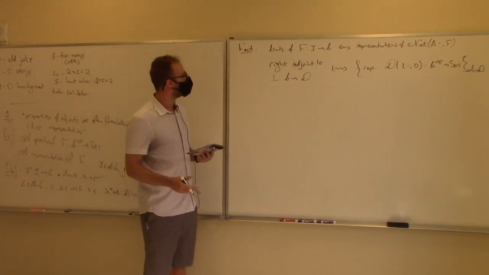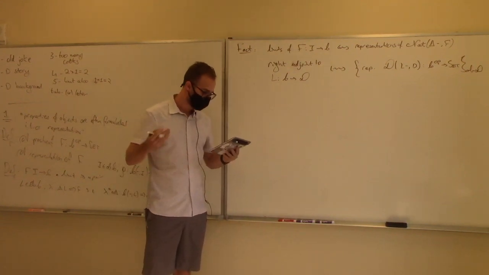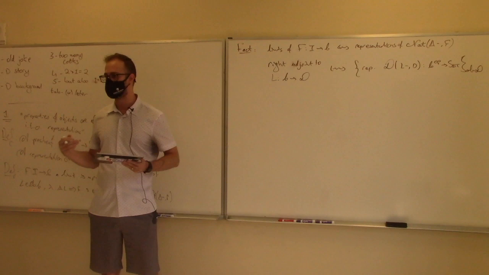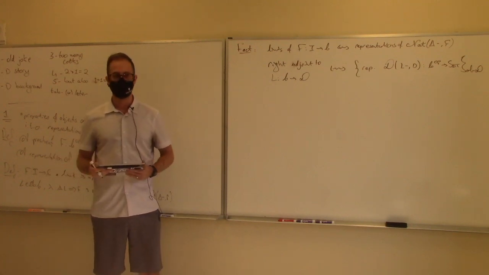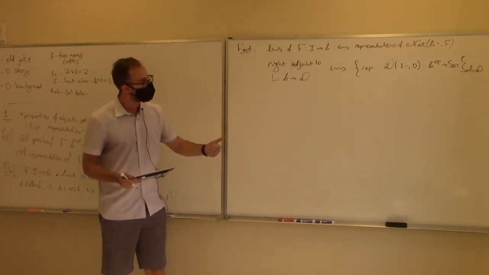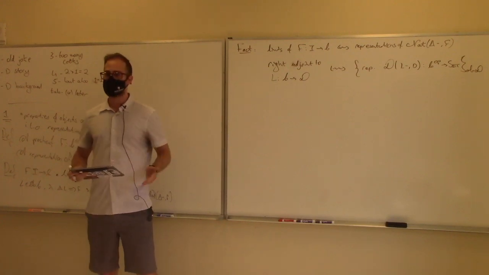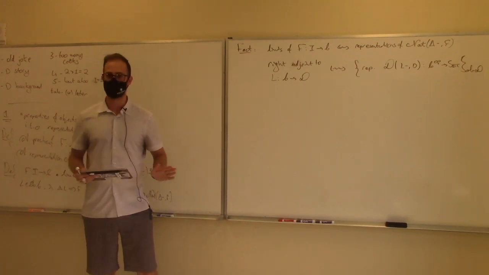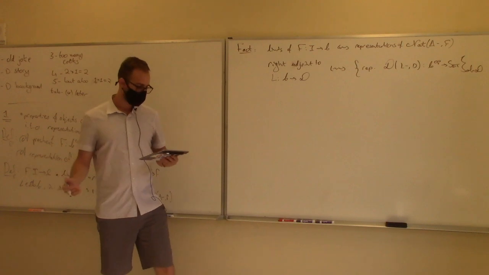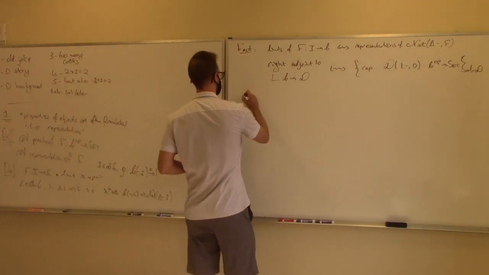So why are we interested in this? Well, it turns out that we can say something very nice about representations. Representations themselves can be reworked to be objects in some very particular place. And the way that I want to view this is through the following definitions.